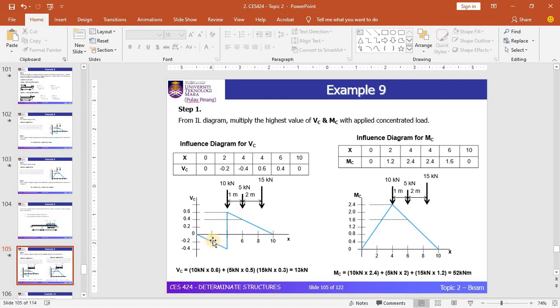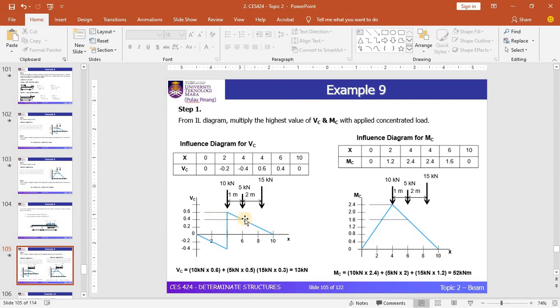If the question asks about the maximum negative value of shear force, you need to ensure that the vehicle load gives the maximum value on the negative side. In other words, you need to look at the diagram below the x-axis. But in this example, we want to get the maximum positive shear force.